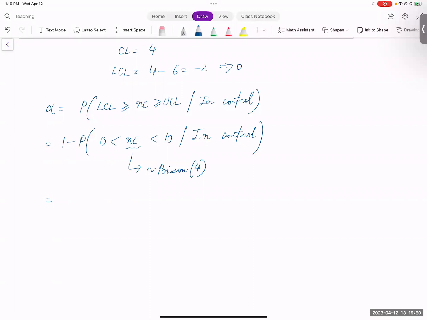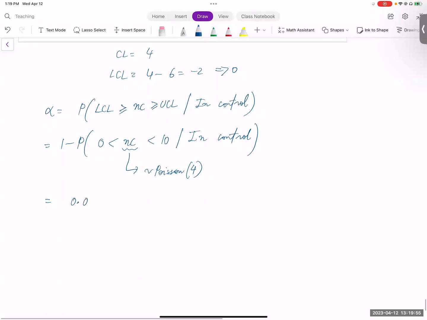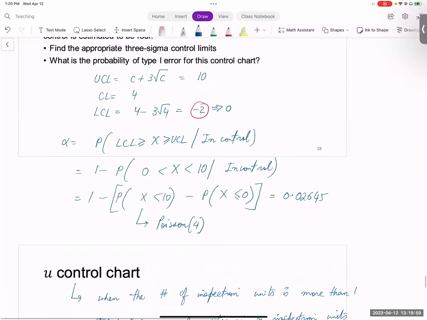So your final answer should be, yes, it should be 0.02645, which we calculated earlier. All right.